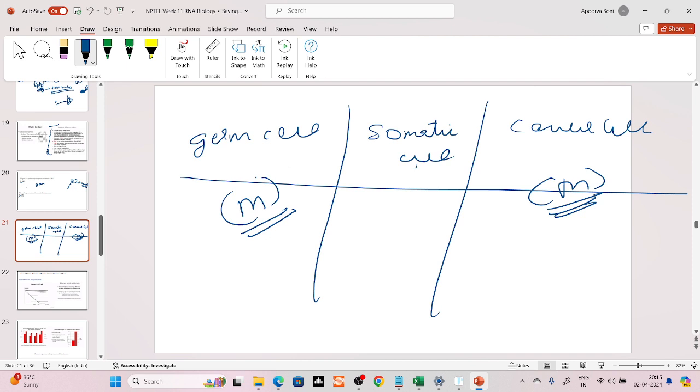But in somatic cells, it keeps on getting reduced. With each cell division, the length of the telomeres gets reduced. Whereas in germ cells and cancer cells, with each cell division, the length of the telomere is maintained because telomerase is active here, telomerase is active here, but telomerase is not active here.